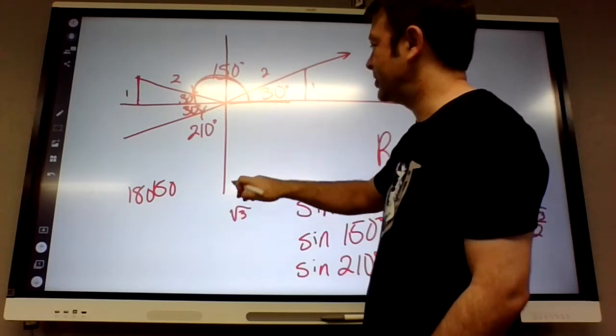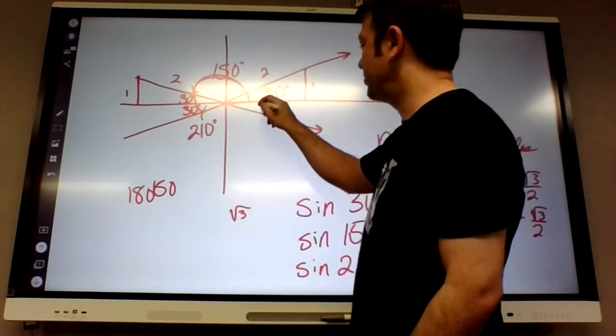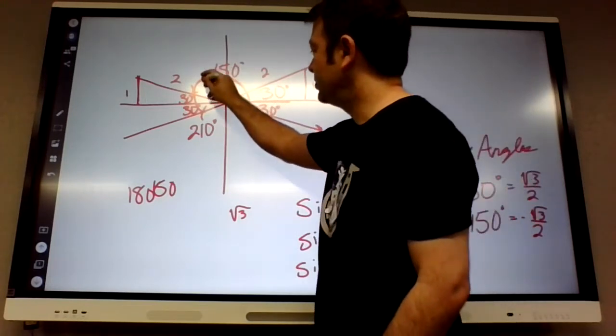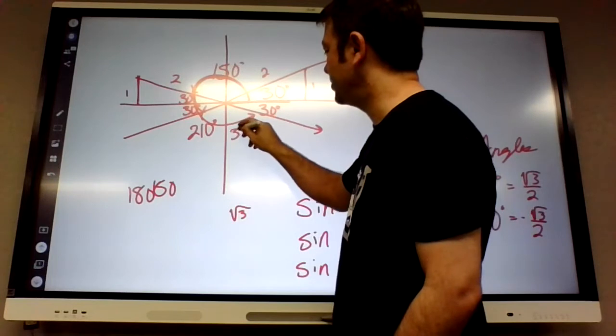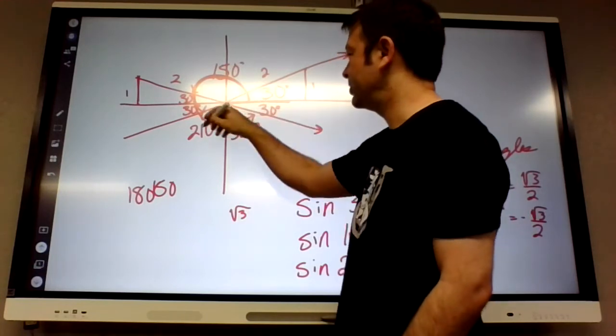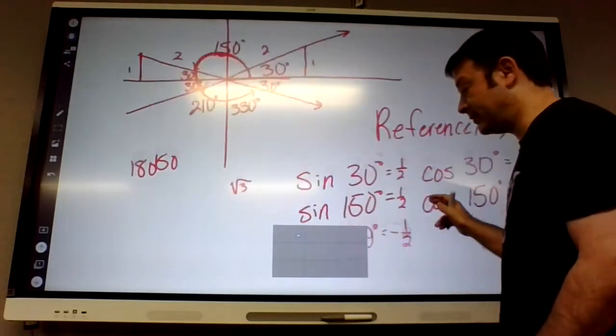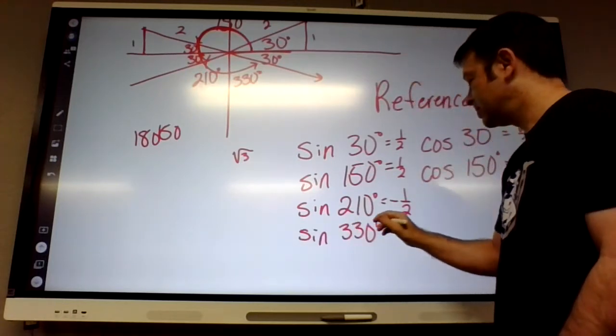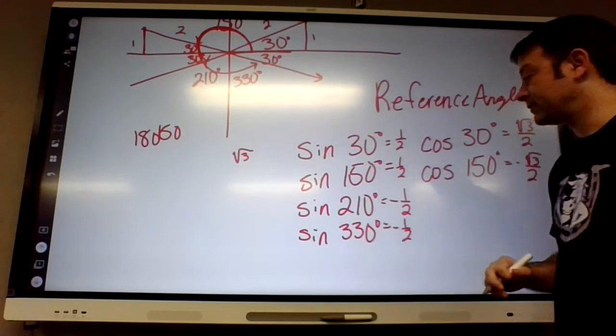And the fourth quadrant angle would be 30 degrees off of 360, which would be 330, all the way around there. And if you plug in sine of 330, you would also get negative 1/2.